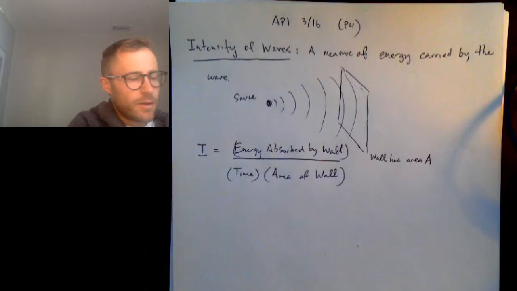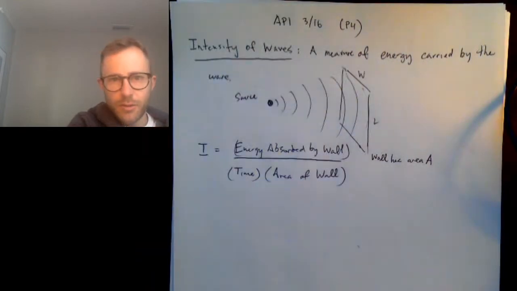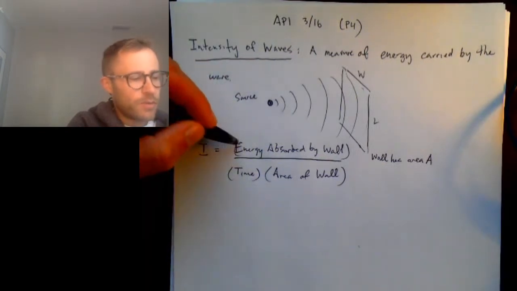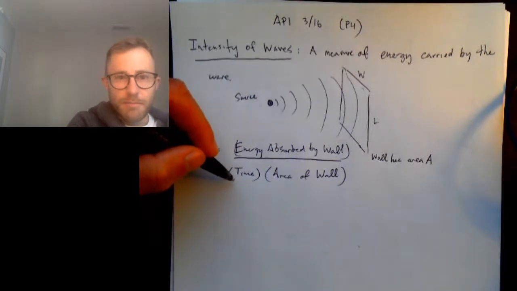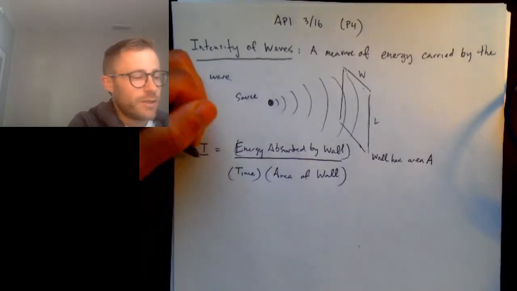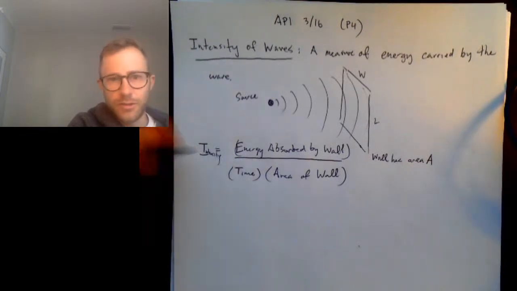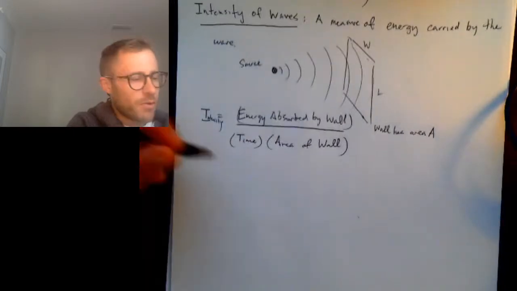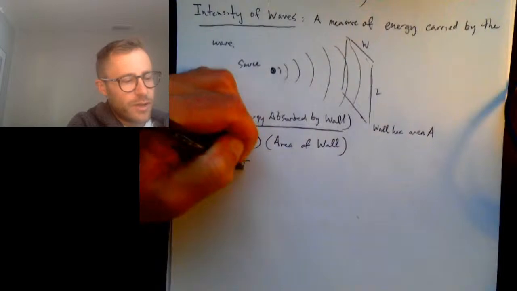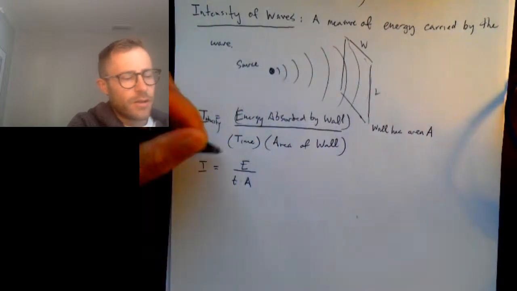Length times width if it was a rectangular wall. So energy absorbed by the wall divided by time divided by the area of the wall. That's the definition of intensity. Intensity is denoted by I. So if I were to write that more compactly, it would be I equals energy per time per area.